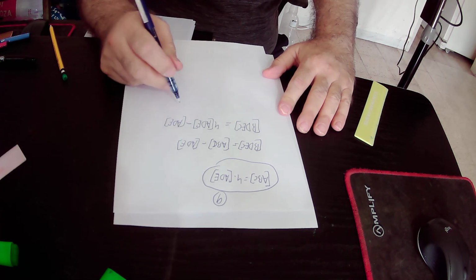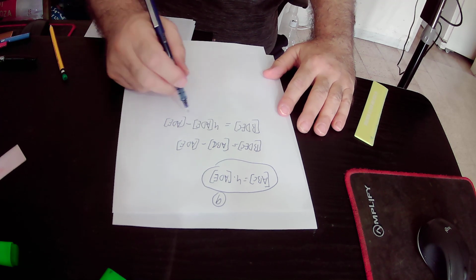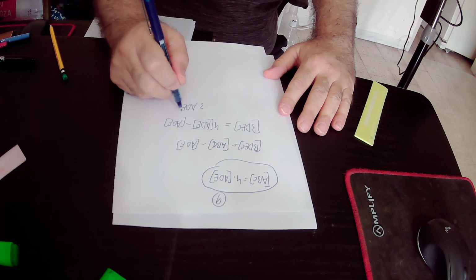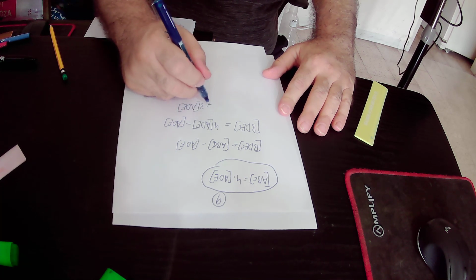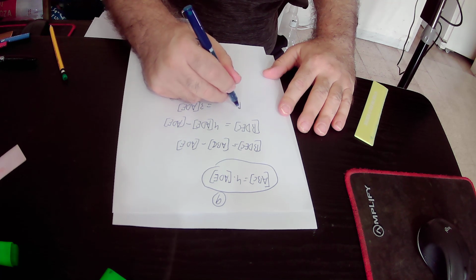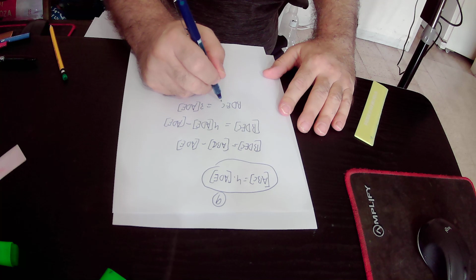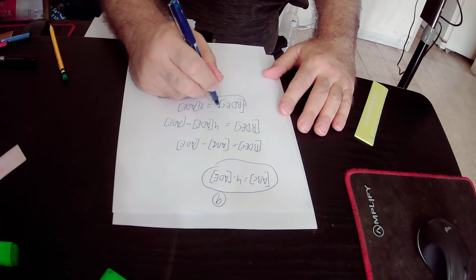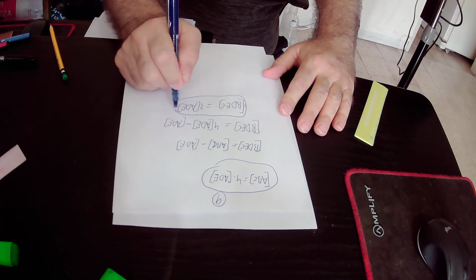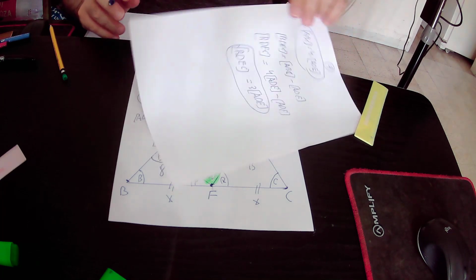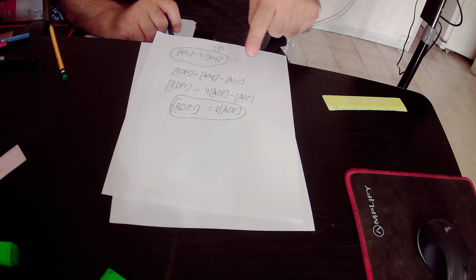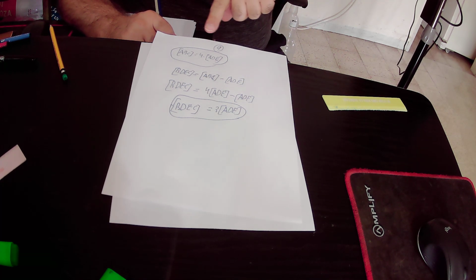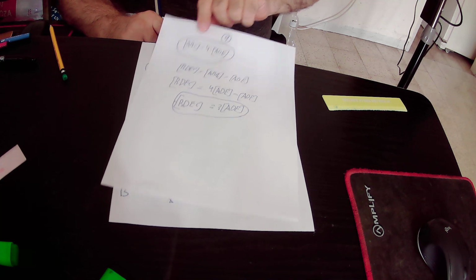So 4 times the area of triangle ADE minus 1 times the area of triangle ADE equals 3 times the area of triangle ADE, and it is equal to the area of quadrilateral BDEC. So we found out that the area of quadrilateral BDEC equals 3 times the area of triangle ADE, and the area of triangle ABC equals 4 times the area of triangle ADE. Okay?